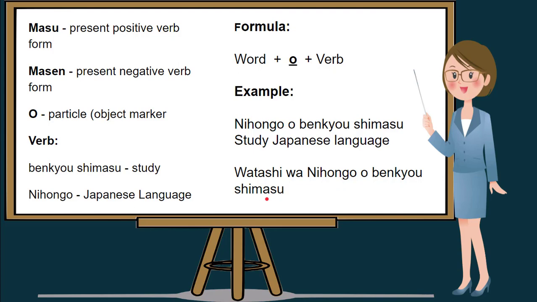Let's repeat. Watashi wa Nihongo o benkyou shimasen, which means in English, I do not study Japanese language.